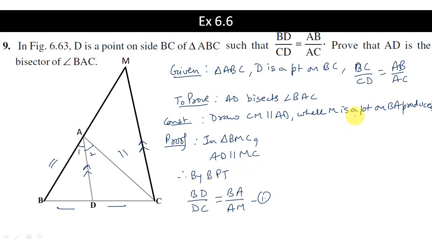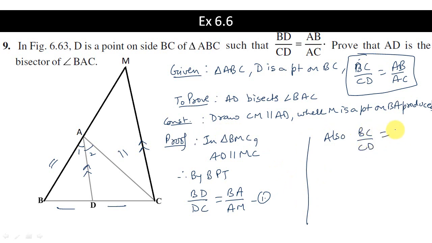Also, we are given that BD upon CD is equal to AB upon AC. This is equation number 2.